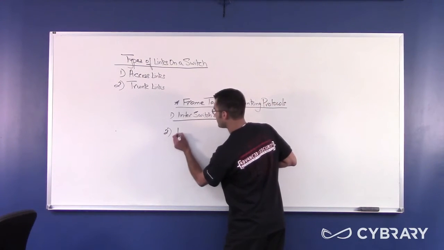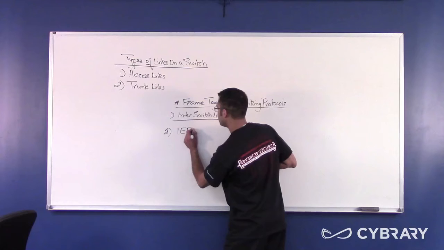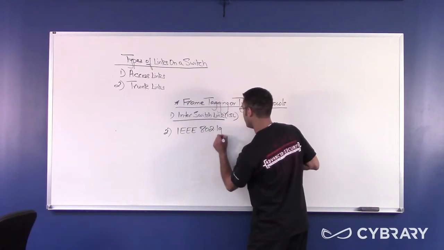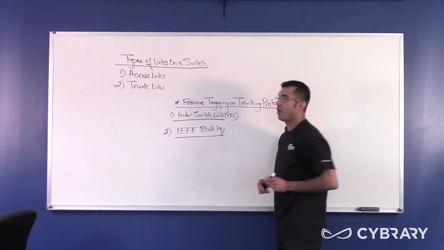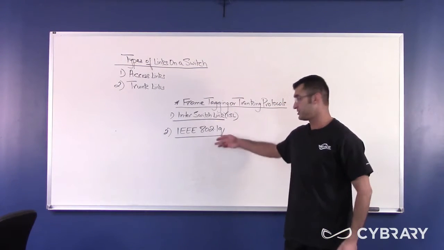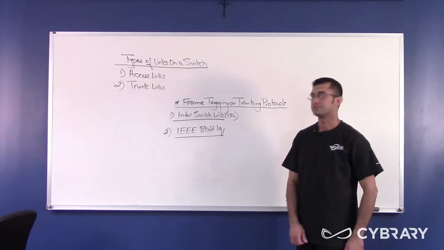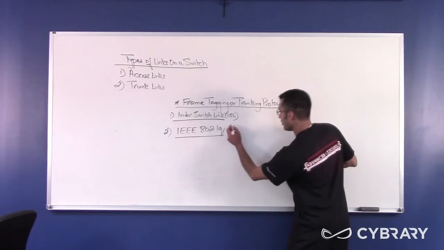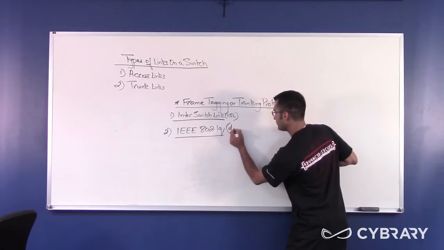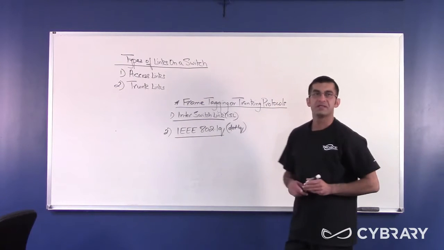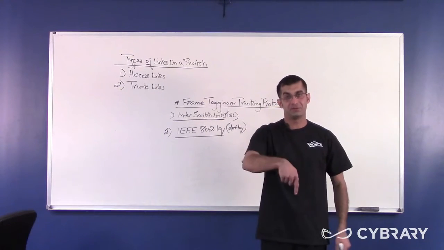The other one is the open standard, which is IEEE 802.1q. And by open standard, I mean all networking devices or all switches can use this. It is not Cisco proprietary. What 802.1q, or the short form .1q, does is insert a 4-byte field.